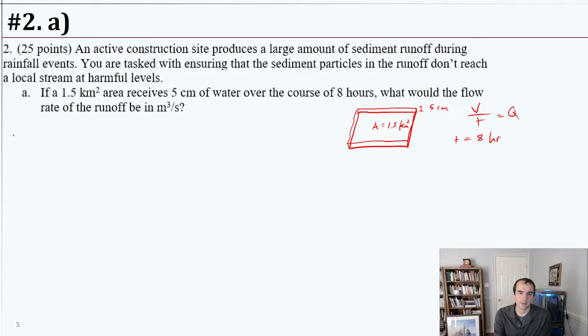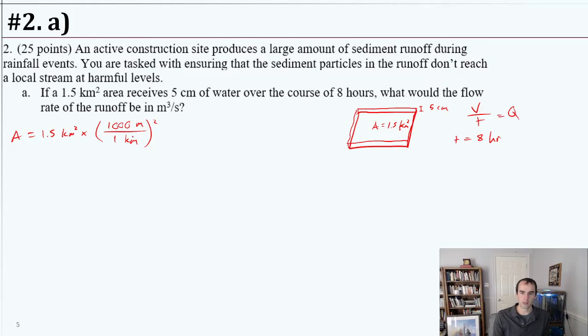So let's take the area here and say the area is going to be 1.5 square kilometers. We can multiply that by 1,000 meters per 1 kilometer, but I'm going to square that term, and you have to square the number, that conversion number, as well as the units. So that will give us 1,000 squared meters squared divided by 1 kilometer squared.